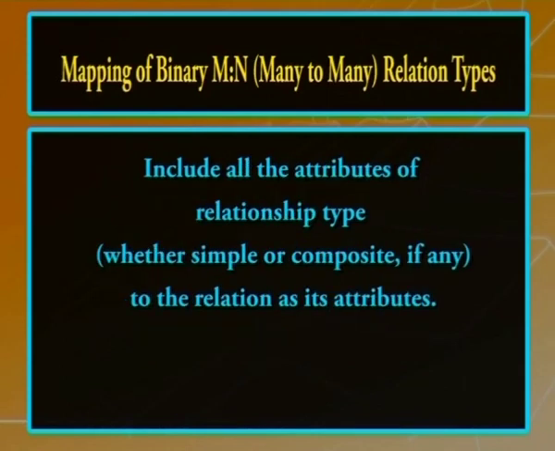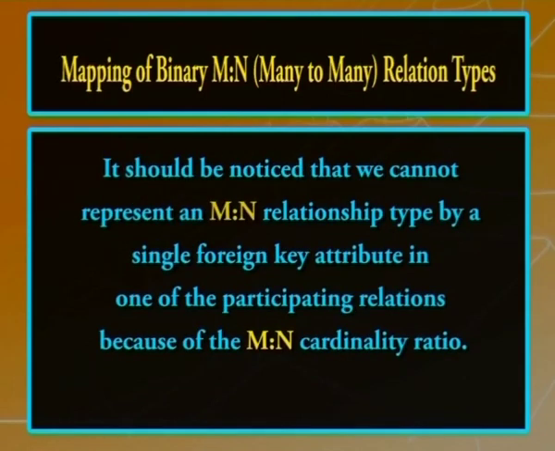Also include all the attributes of the relationship type, whether simple or composite, if any, in the relation as its attributes. It should be noticed that we cannot represent a many to many relationship type by a single foreign key attribute in one of the participating relations because of the m:n cardinality ratio.